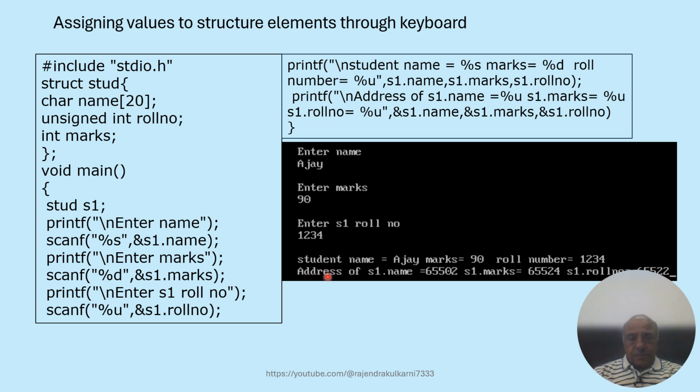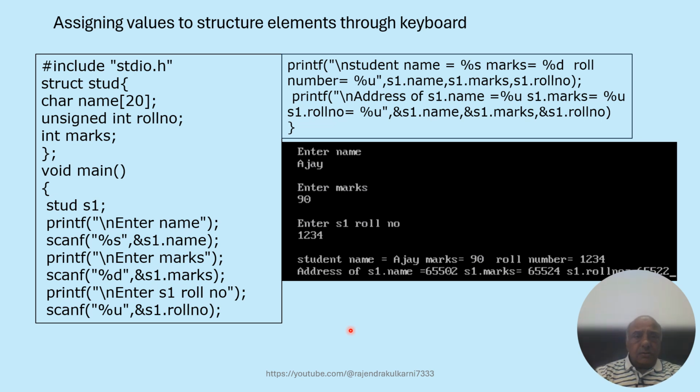And the printf statement is giving me name is equal to Ajay, marks 90, roll number 1 2 3 4. And the address of s1 dot name, s1 dot marks and s1 dot roll no is also displayed by the second printf we are using in the program.